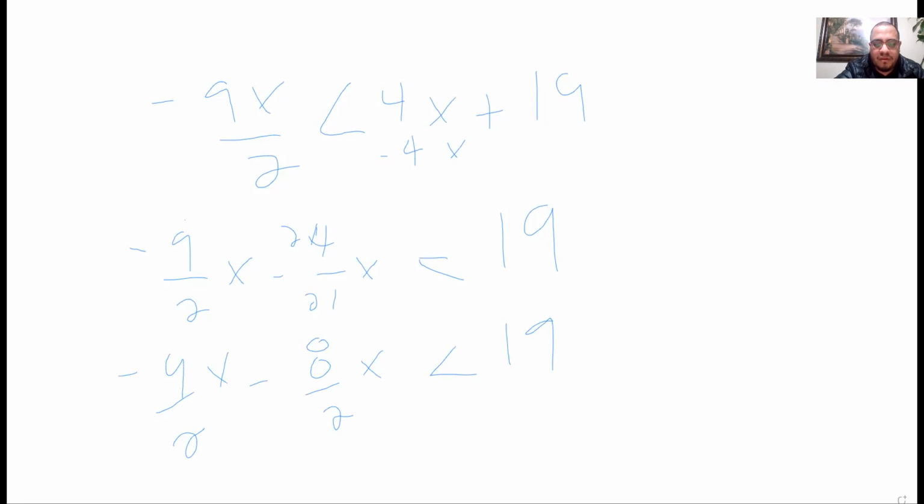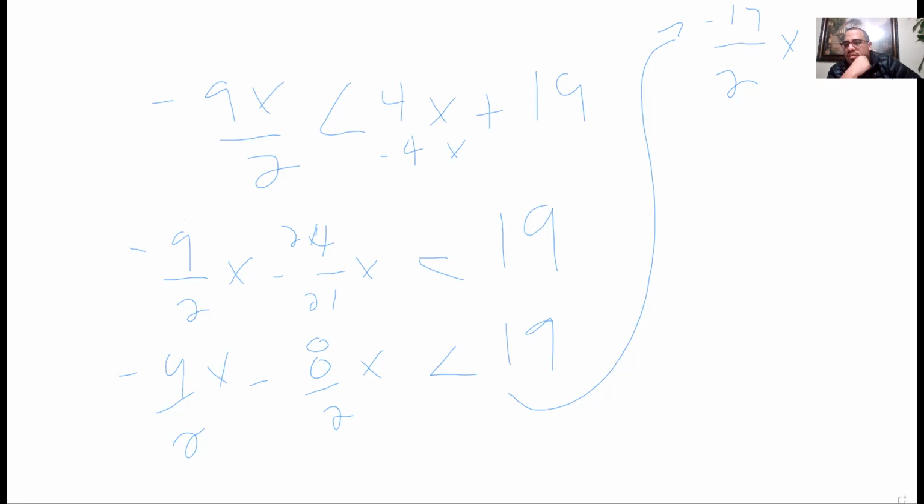So let's bring it over here. You're left with -17 over 2 x is less than 19. We're almost there, but not quite yet. Again, what's our mission here?